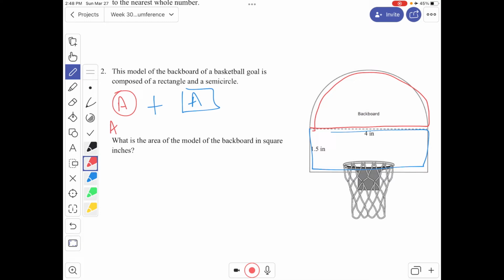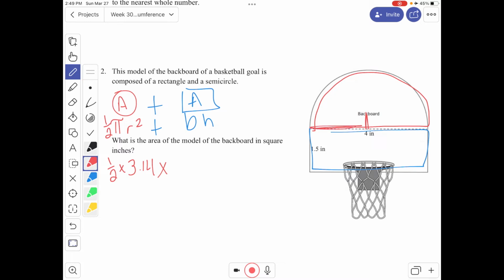The area of a circle is pi times radius squared, and since it's a half of circle, you need to multiply that times half, plus area of a rectangle is base times height. So this will be 1/2 times the number for pi, which is 3.14, times the radius.